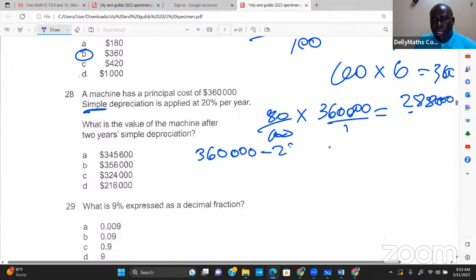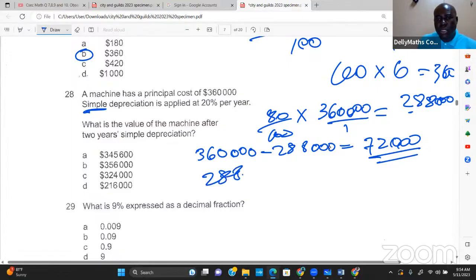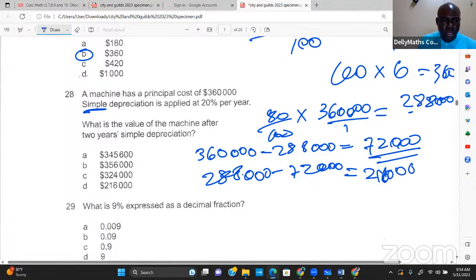We get about what? About 72,000. Let me double check it. It looks like 72,000 from 360,000 gives 288,000. Yeah, 72. All right, so since it is simple, that same amount will come off again, that same 72. So we're talking about 288, that. If you take away that 72 again, then 216, this one.